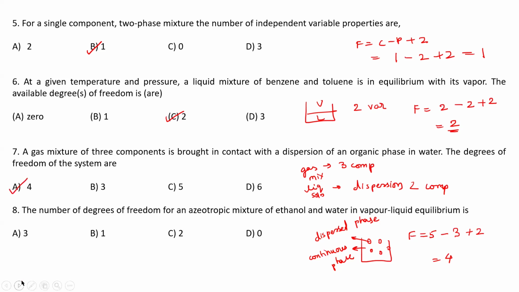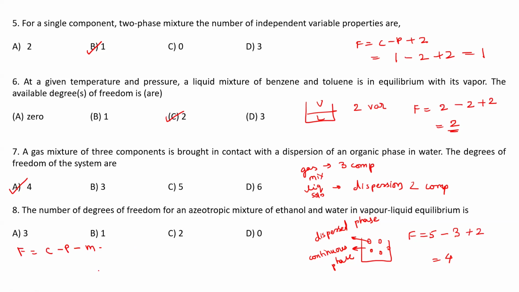Next, the number of degrees of freedom for an azeotropic mixture of ethanol and water in vapor liquid equilibrium is. So what we are discussing till now, C minus P plus 2, this is like a basic equation. The full equation is C minus P minus M minus S plus 2.